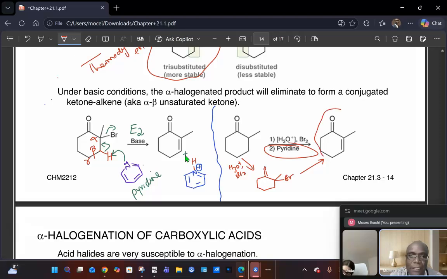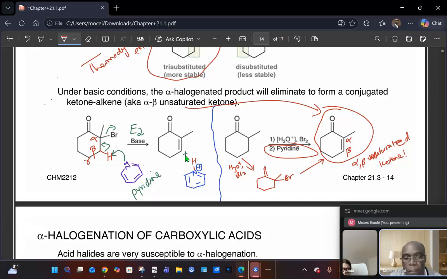So we call this an alpha beta unsaturated ketone because the double bond is on the alpha and the beta carbon. And unsaturation is just presence of the pi bond. Been writing so much today.